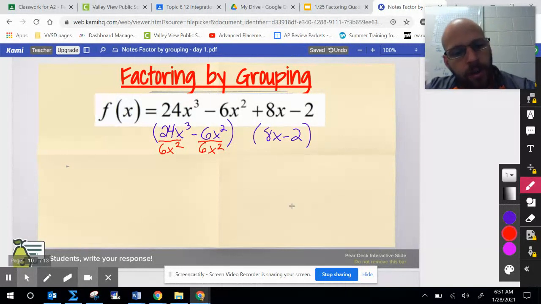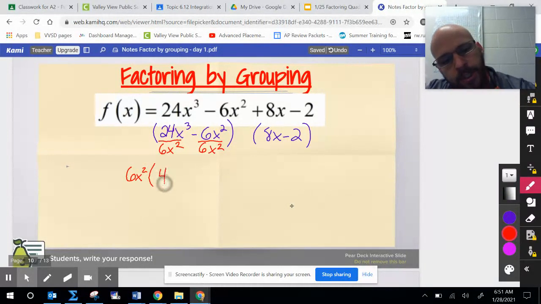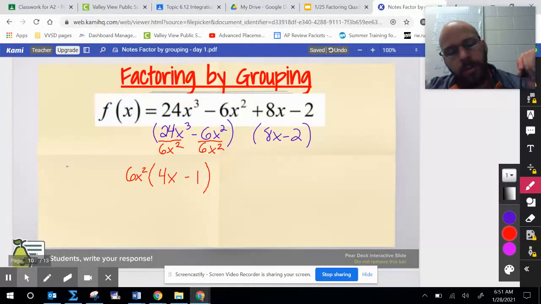So if I take out that greatest common factor, you always write it in front, right? We've done that for all of our problems. And 24 divided by 6 is a 4. X cubed divided by x squared is just x. -6 divided by 6 is a -1. And x squared divided by x squared, there's no x's left.